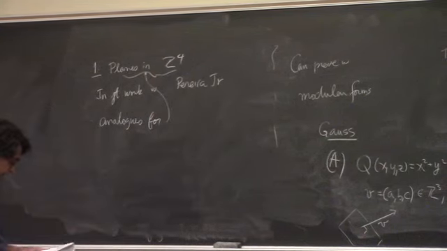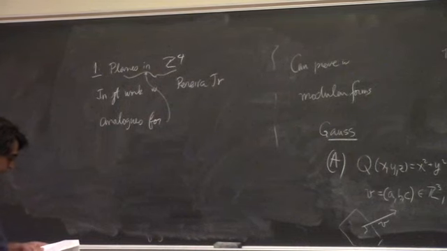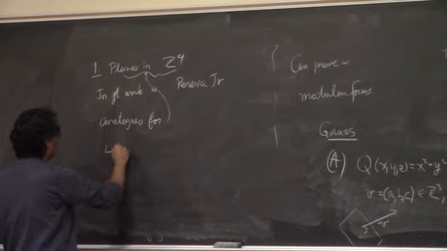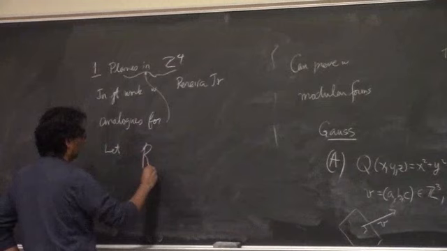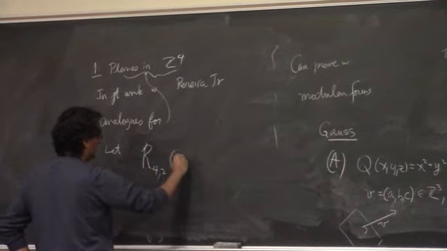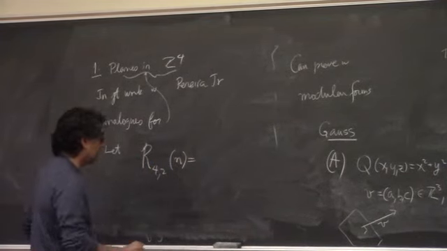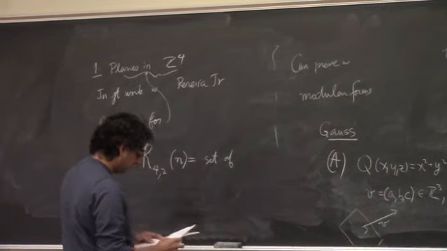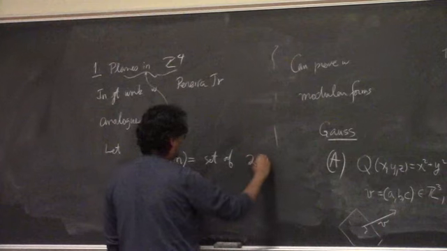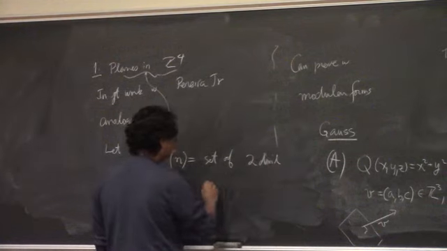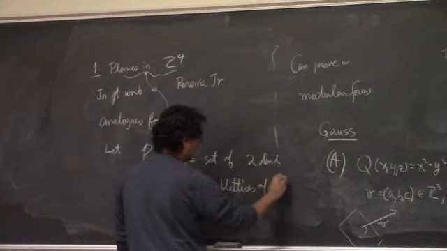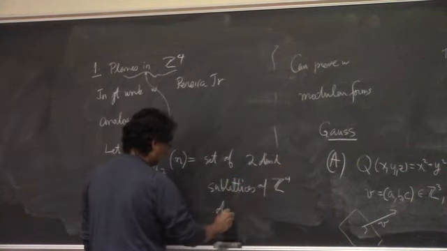And what do I mean? So let R_2 of n equal the set of two-dimensional sublattices of Z4 of discriminant n.